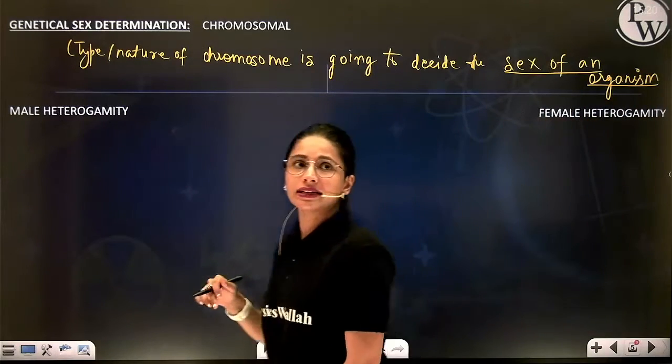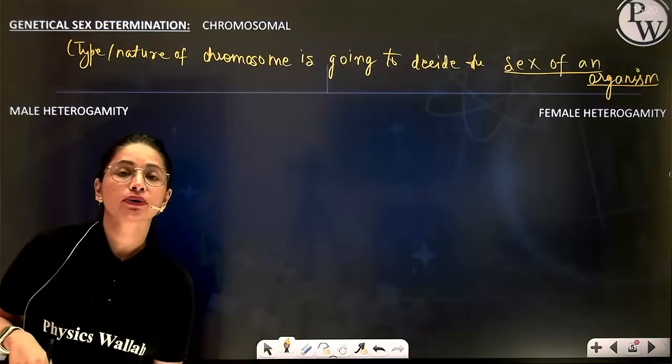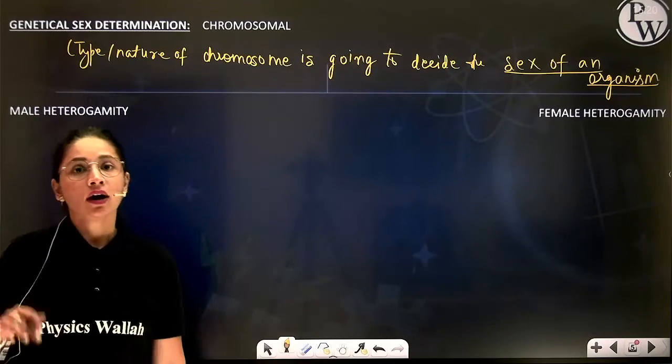So basically the type and nature of chromosome is going to decide the sex of an organism.